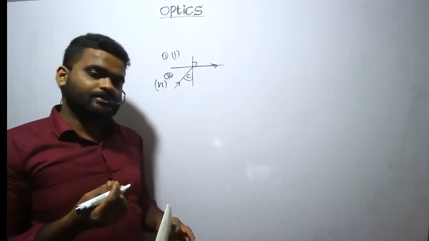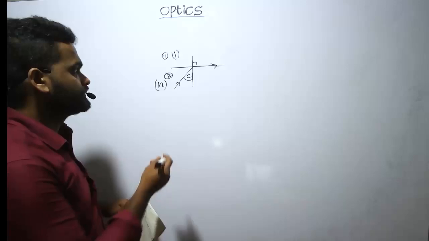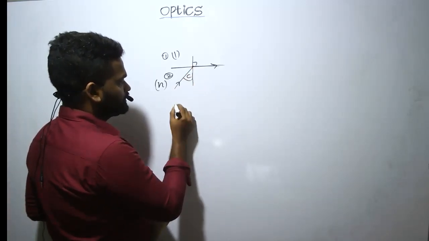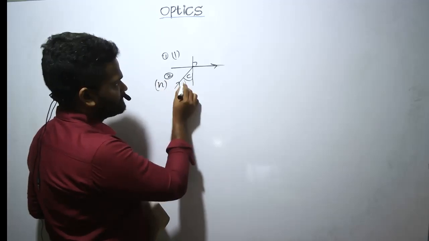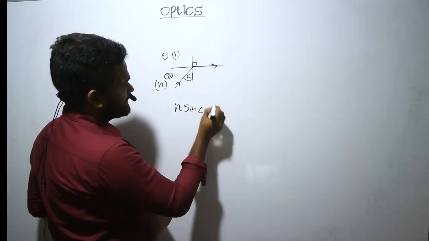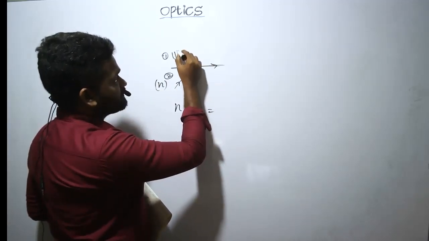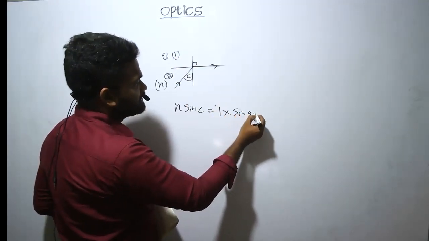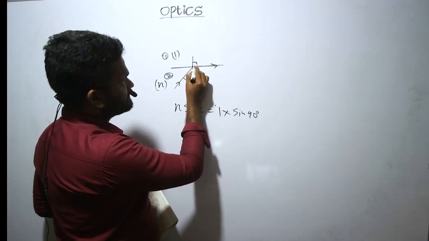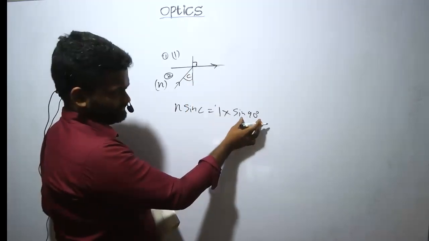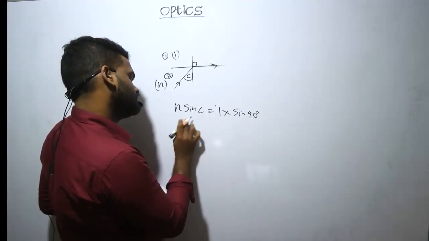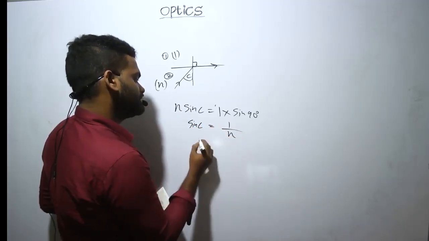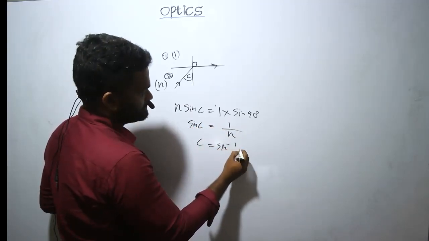So we need an equation for the critical angle. Just put Snell's law: n times sine c equals 1, the refractive index of the rare medium, times sine of the refracted angle, which is 90. Sine 90 is 1. So sine c equals 1 over n, and c equals sine inverse of 1 over n.